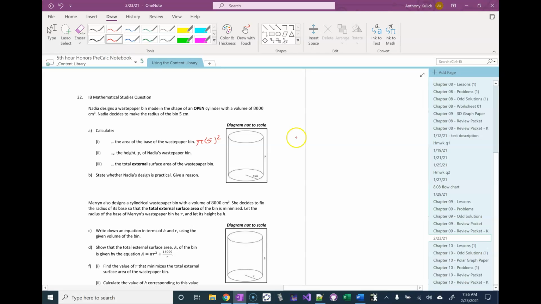Calculate the height. Well, I know the volume is pi r squared h. So 8,000 equals that, and I just solve that equation to get h. I'm going to leave that for you. Is that okay, Caroline? Okay. And then it says give the total external surface area of the waste paper bin.